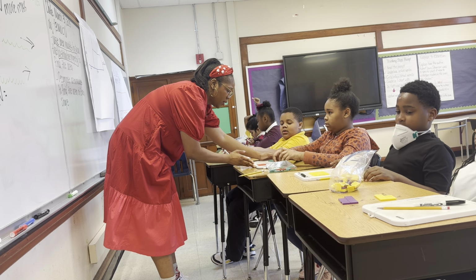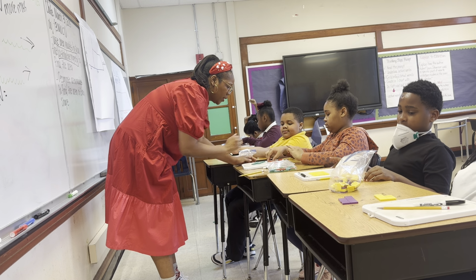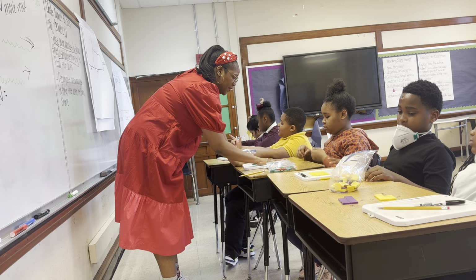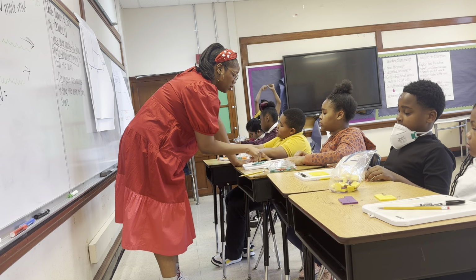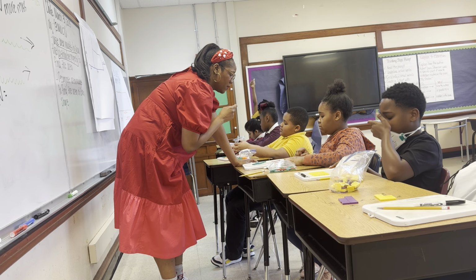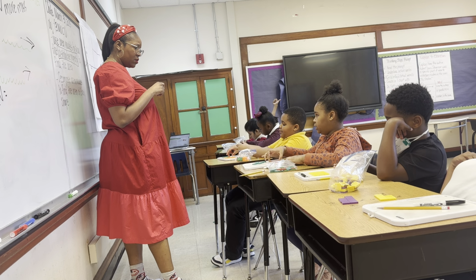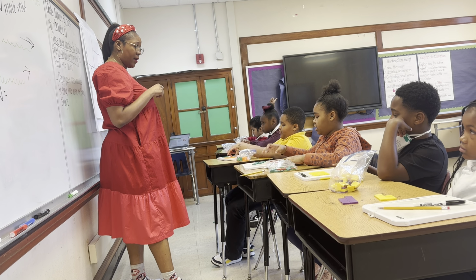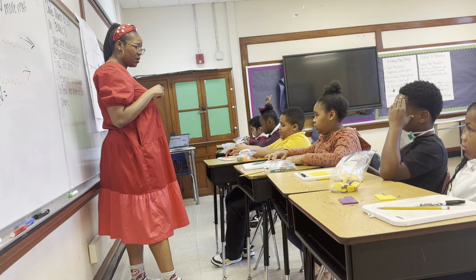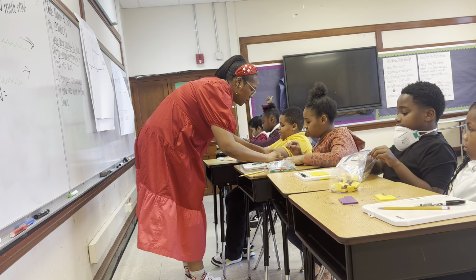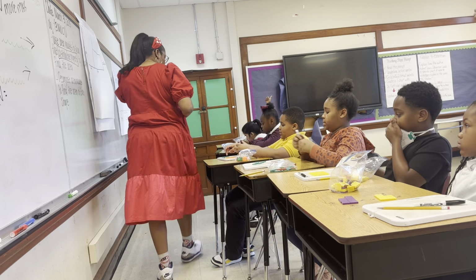Are we turning the board? Okay, so we need to turn the board. Okay, so now you're saying that this is Greg's, yes? Tell me how this is Greg's. Because he has 2 as his width and then 3 as the length. Good job. Okay, let's go. So now I want you to label that down.